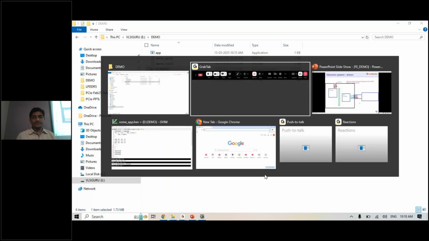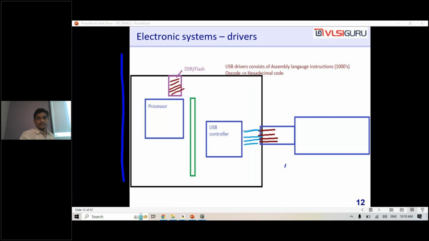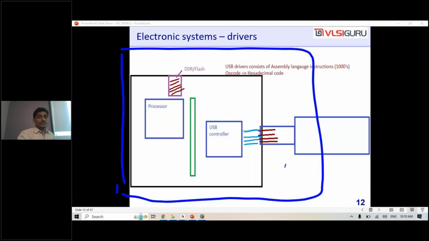In that case, an instruction goes to the processor to execute that piece of code. Then it fetches those instructions one by one. It decodes, executes. As part of that execution, it will do some transactions to the USB controller, which in turn does the transfer to my pen drive.